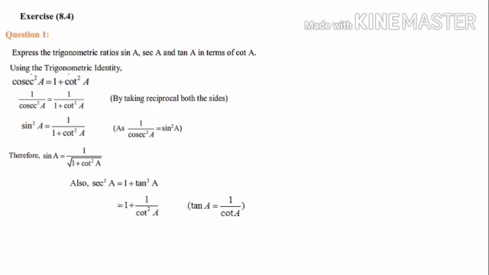Then that is equal to 1 plus this tan square A, we will write it as 1 by cot square A because tan A is 1 by cot A. Square means just tan square A is equal to 1 by cot square A. Here when you take cot square A LCM, cot square A into 1 is cot square A plus 1 divided by cot square A. Then sec A is equal to, we have to take the square root of cot square A plus 1 by cot square A.